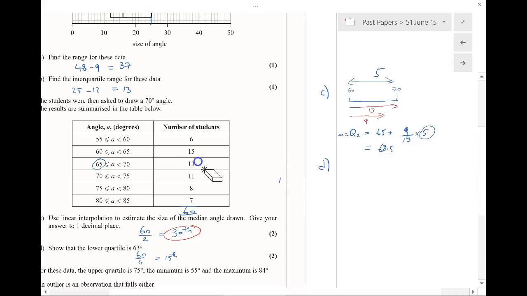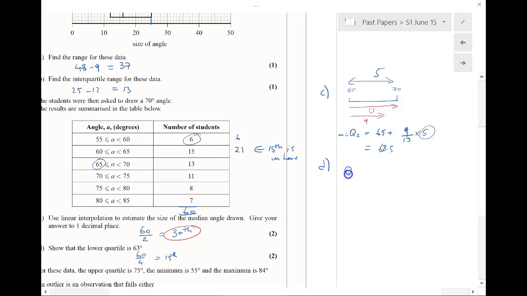If I rub this lot out now, the 15th, we've got 6 and up to 21. The 15th is here. Okay, so we have the 15th in there. So that gives us, and we've got 6 from before. So that basically means 9.